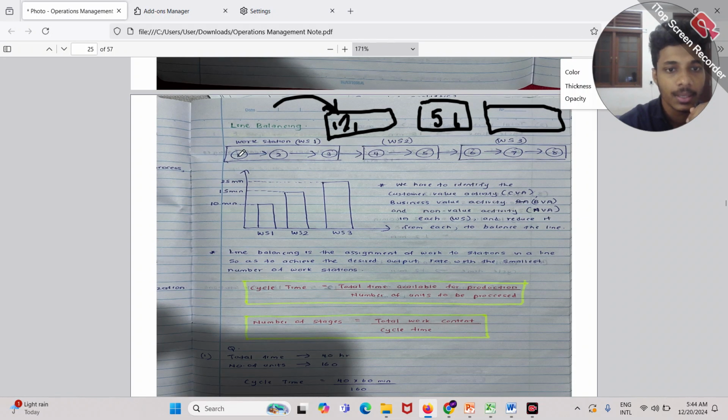Look at this. If we consider this first task, then you can see the number of followers. When we consider this first task, the number of followers is 1, 2, 3, 4, 5, 6, 7, right?